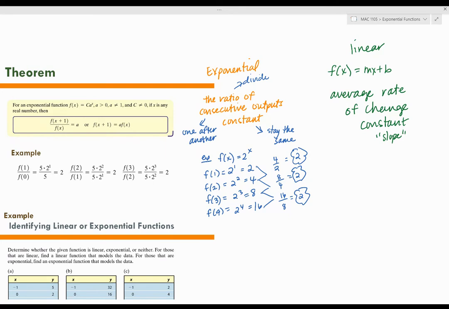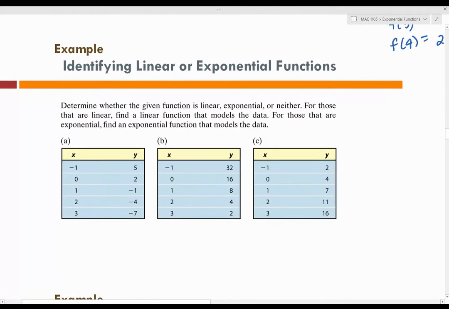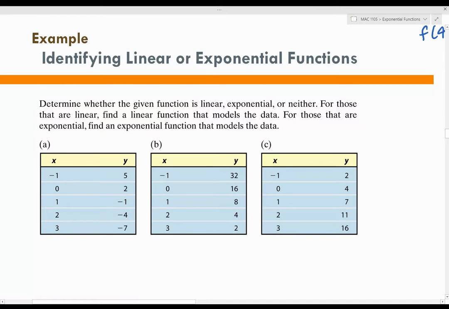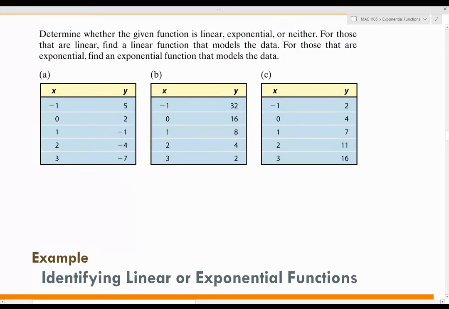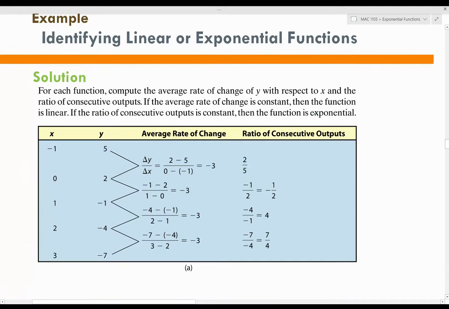Okay, so let's take a look at these examples. Okay, so in these data sets, I want you guys to be able to tell me if the data set can be represented by a linear function, an exponential function, or neither. So let's look at A first. Okay, so for each data set, they have calculated the average rate of change, and they have calculated the ratio of consecutive outputs.